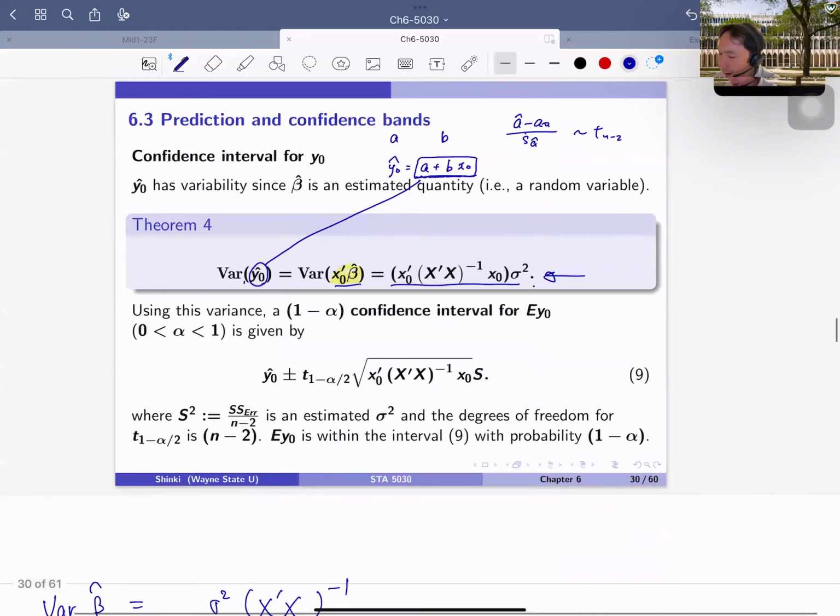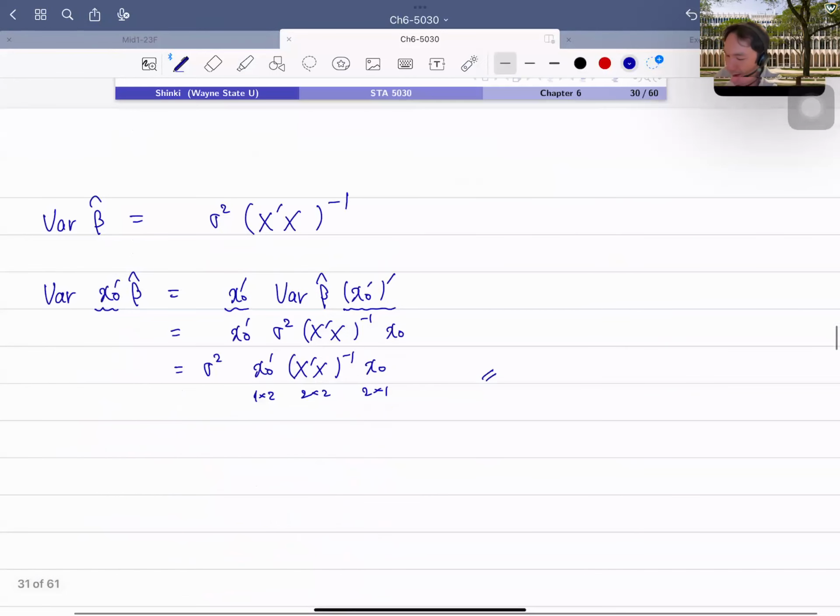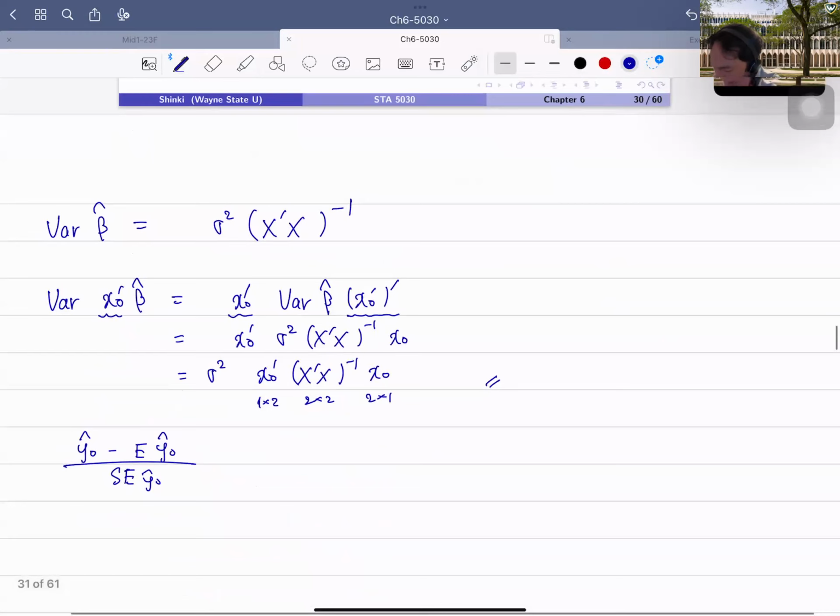And actually, if we consider y hat minus the expectation of y naught hat divided by the standard error of y naught hat, this follows the T distribution with degrees of freedom n minus 2. I did not prove it, but it's similar to the theorem in the t-test.